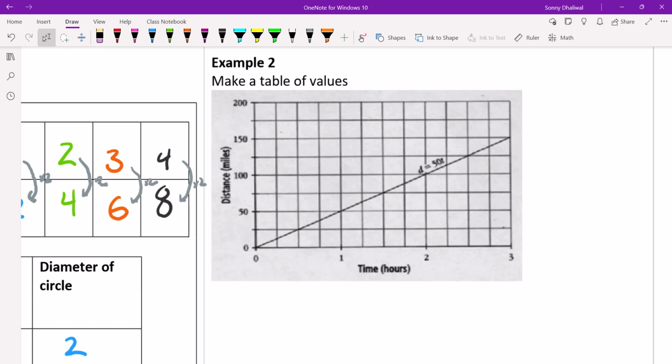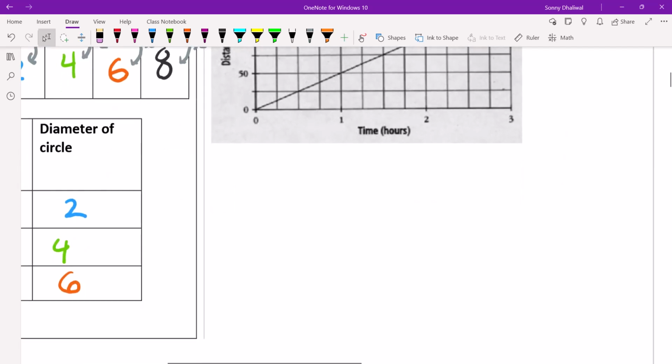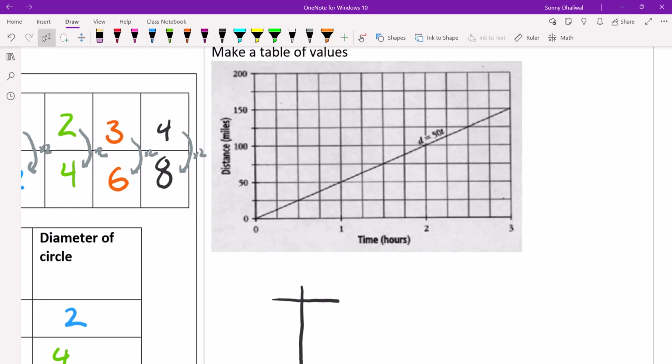So here, we're going to read off 4 points, okay? So we're going to make a table and come up with 4 points. And I'm going to do a vertical table, okay? So if I have a vertical table, I need to label the table. On the left side, am I going to put distance or am I going to put time?